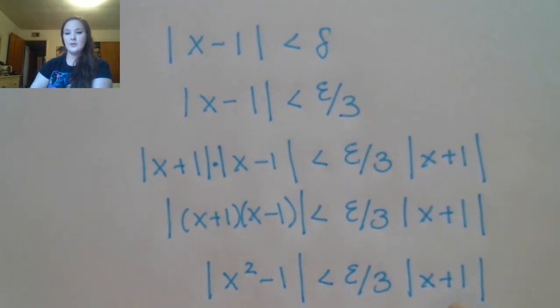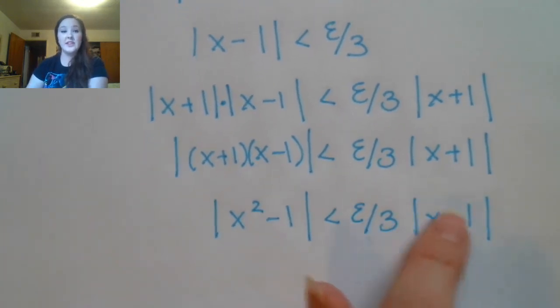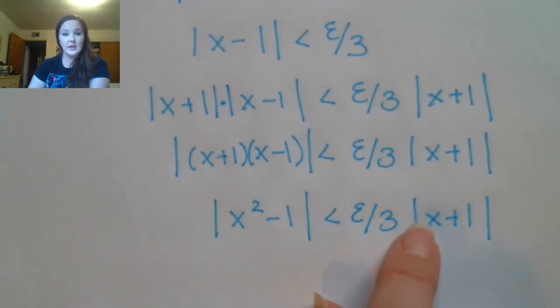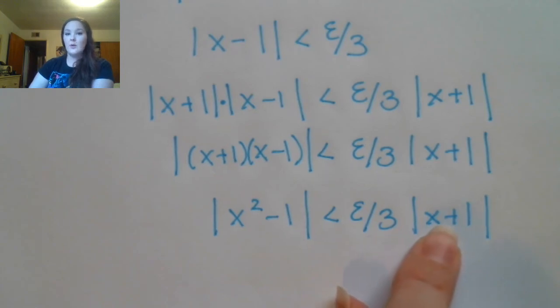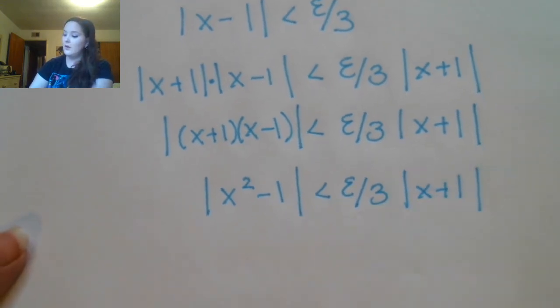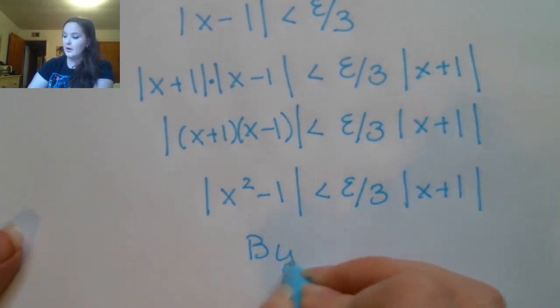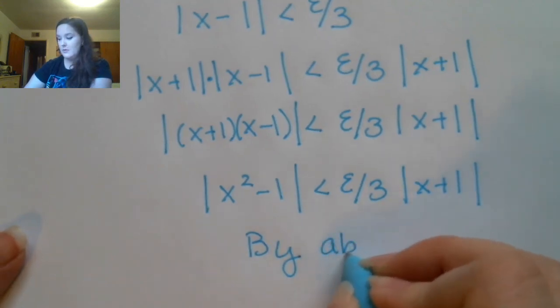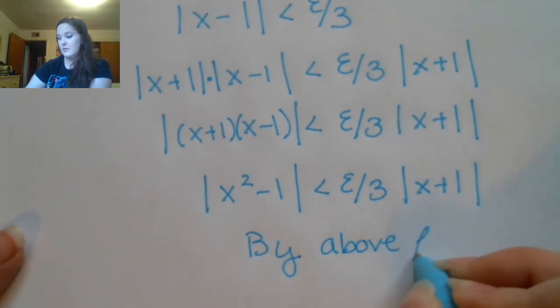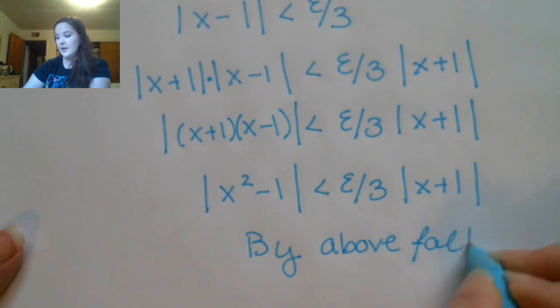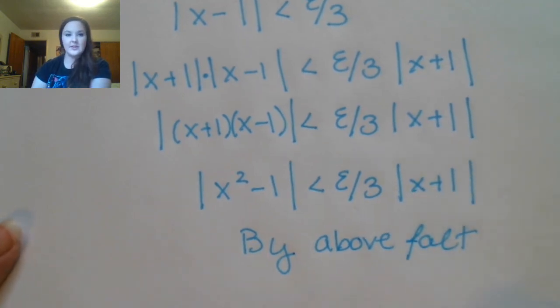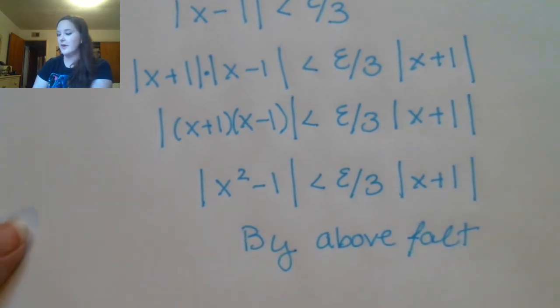Now here's when we really needed to know that this is going to be less than 3. By the above part, sometimes people label this, they'll put a star by it or something, and then you can say by the starred fact or whatever.